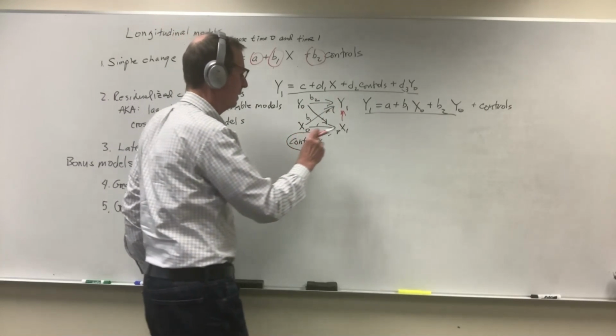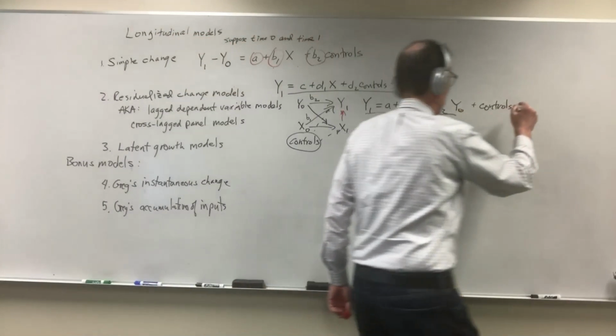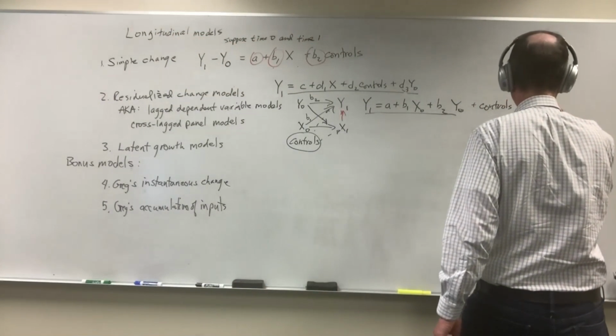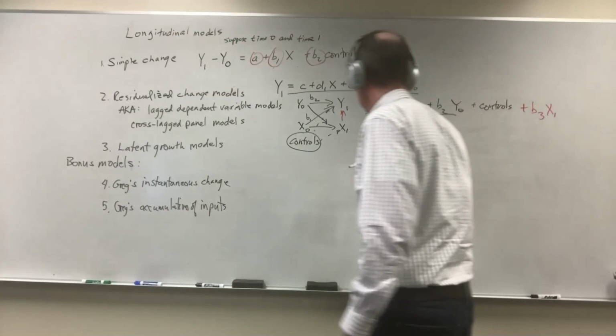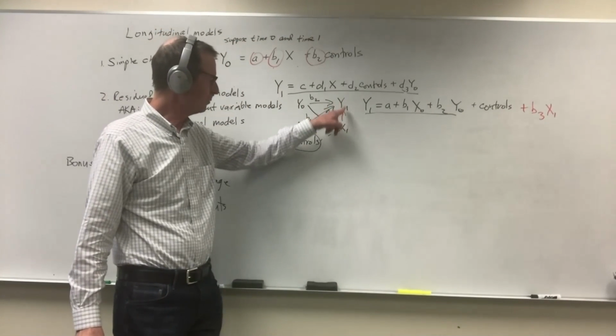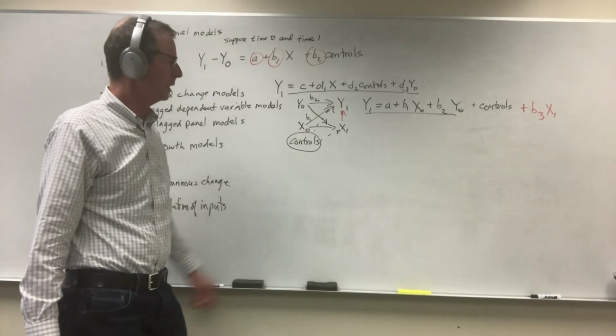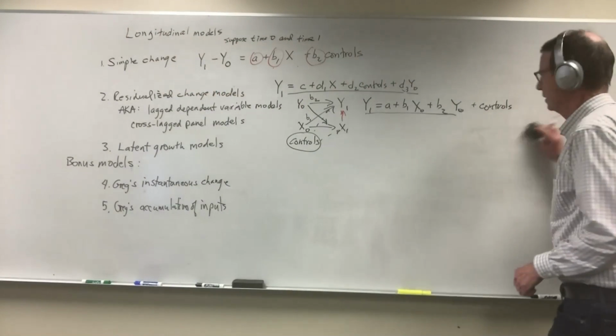It's, you know, this plus B3 X1, you're saying that there's some sort of contemporary effect of X1 on Y1. And putting that in is a very different model from leaving it out.